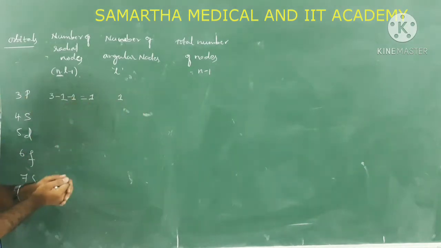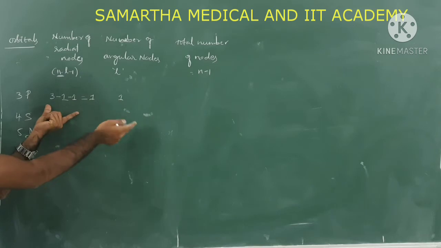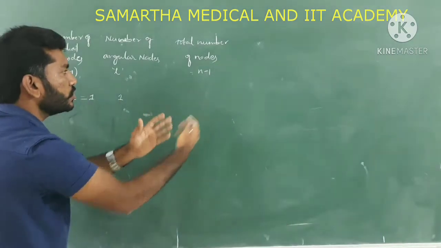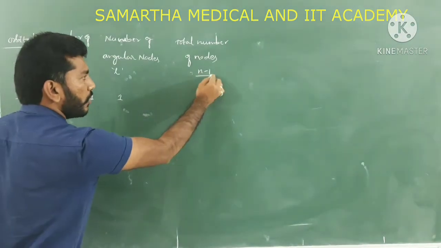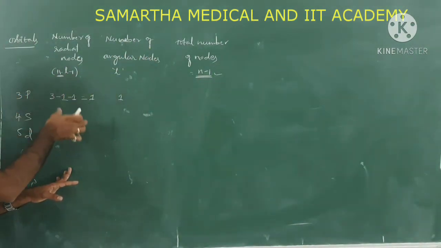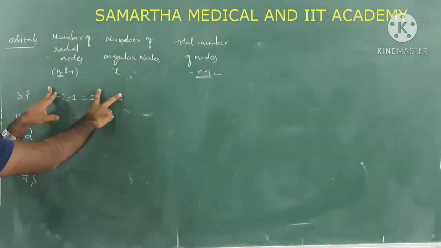So suppose you don't want to calculate the radial node and angular node, and you just want the actual total number of nodes, then you just use this particular formula. Suppose they individually ask what the radial nodes are, or what the angular nodes are, then only we should use the earlier formulas, guys.